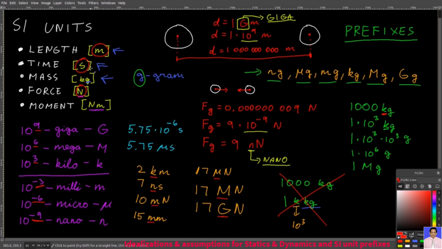Because meters, seconds, and newtons, they are also very suitable for everyday life. The only difference is that meter, second, and Newton, the units that are most suitable for everyday life, they don't contain any prefixes, but the unit for mass that is most suitable for everyday life, it does contain a prefix, which is kilo. So that's the exception.